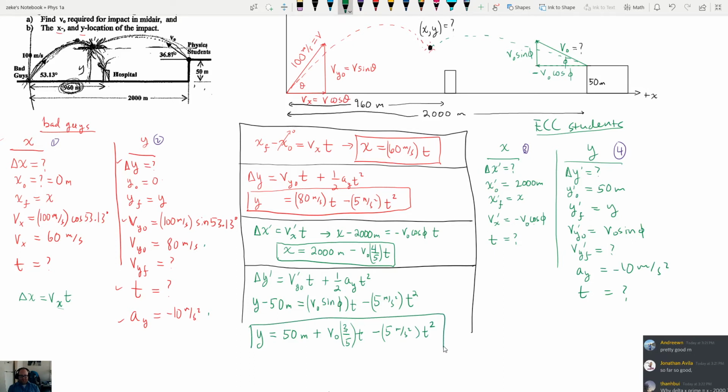And now that we have used all of our physics knowledge, we can combine all these equations together. Your question was, why is delta x prime equal to x minus 2,000? Okay, so this is the important information here. In general, delta x prime should be equal to x final prime minus x initial prime.